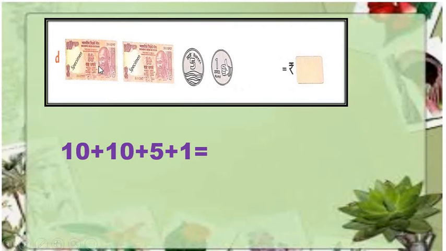Here we have 10 rupees, 10 rupees, 5 rupees and 1 rupees.